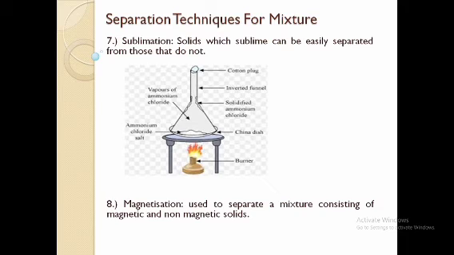Magnetization is used to separate a mixture consisting of magnetic and non-magnetic solids. For example, when I have iron filings and sulfur, I could easily put my magnet and all my magnetic solids will stick to my magnet, leaving sulfur behind.